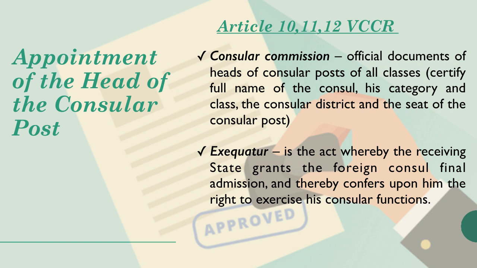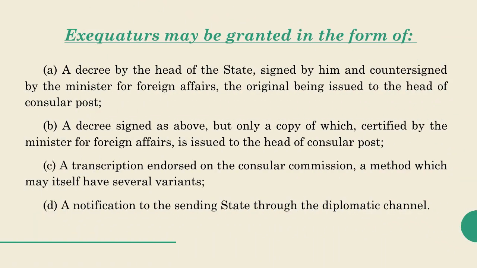According to the information at the Commission's disposal, the types of exequatur most frequently found in practice are the following. First, exequaturs may be granted in the form of a decree by the head of the state, signed by him and countersigned by the Minister for Foreign Affairs, the original being issued to the head of consular post.